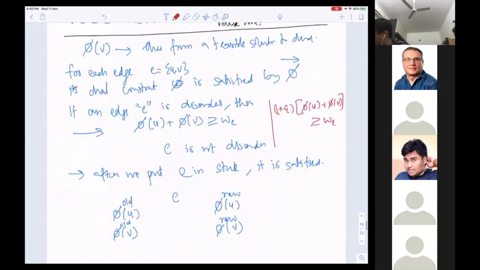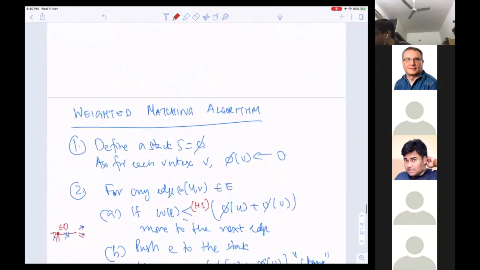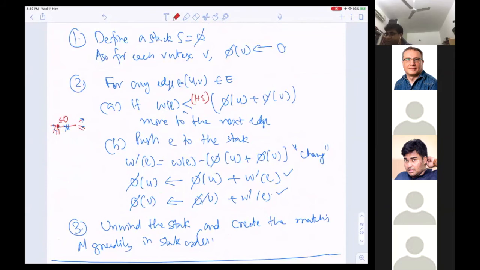Let me first prove to you that even with respect to this modified version, it's a factor 2 into 1 plus epsilon approximation. That's one. And secondly, why we have modified with this 1 plus epsilon: now we have taken care of the fact that the stack will not grow too much.